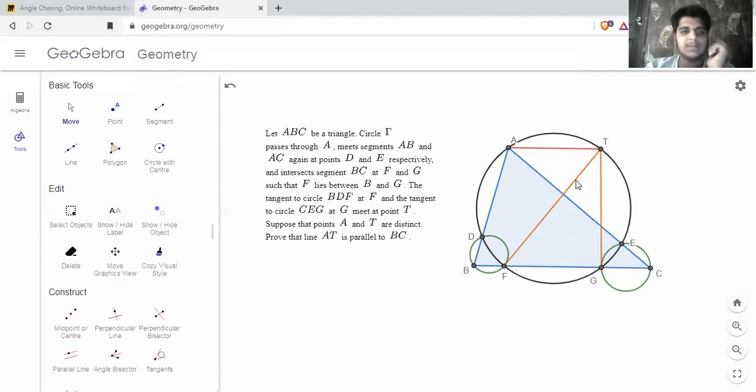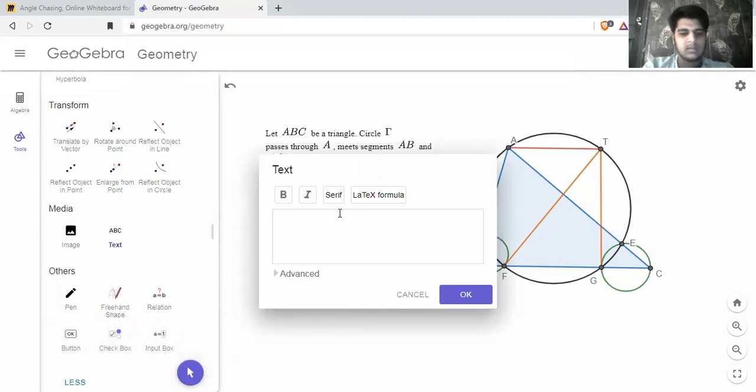What we do is prove that if the intersection of the F tangent with gamma is, let's say, TF, then ATF is parallel to BC.